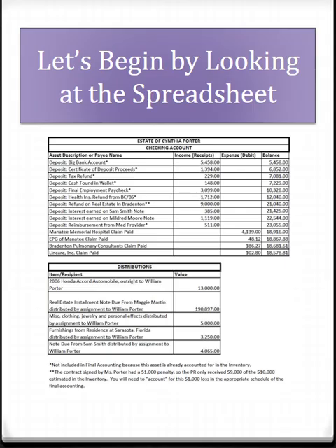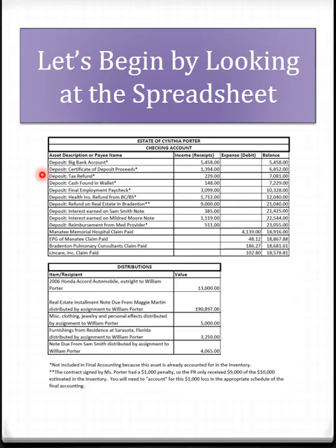You can see that the spreadsheet's first section here is a ledger of the checking account transactions that have taken place in the estate. Some of the things that you see listed on this ledger might look familiar. Some of them may be different. The second part, right here, are the distributions made in the estate.